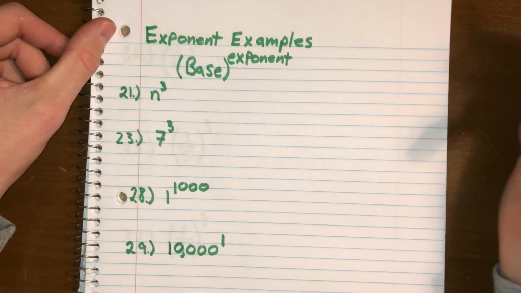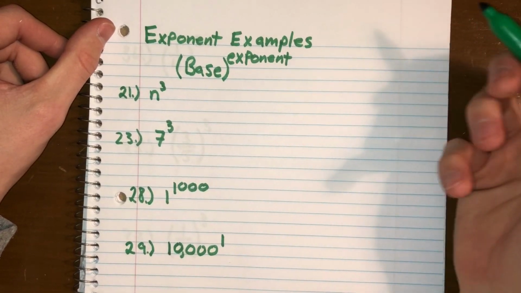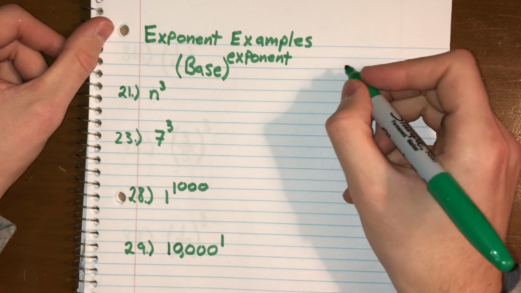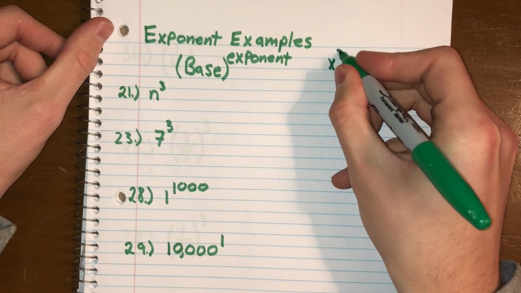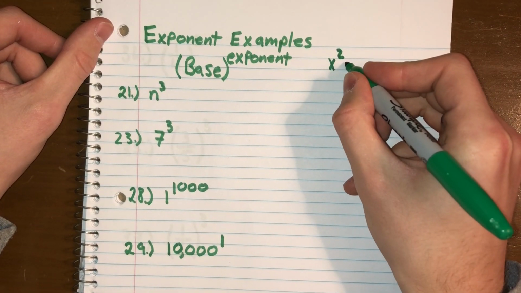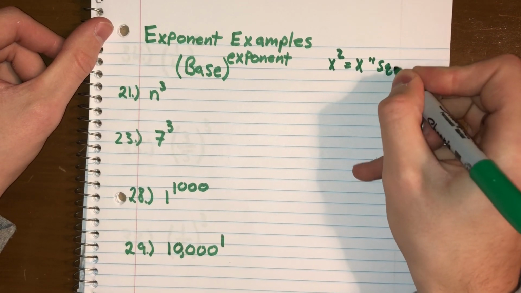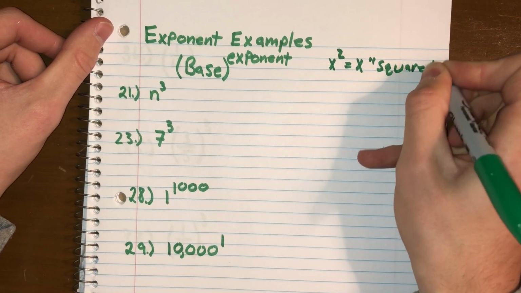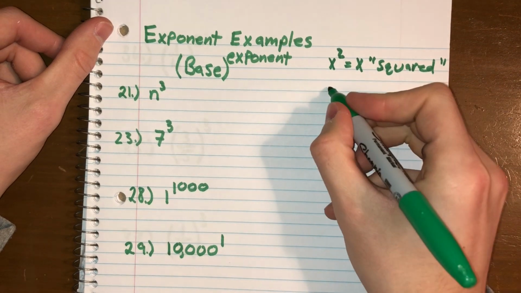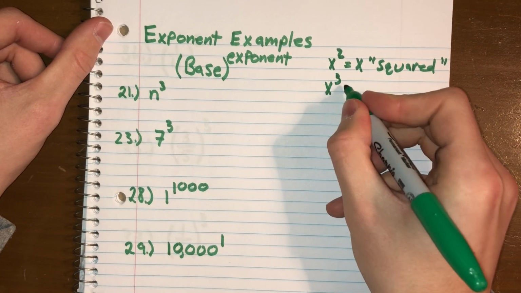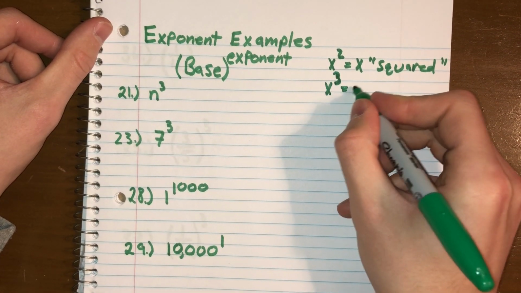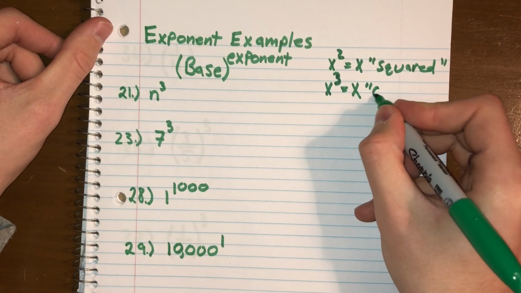And just a little more vocab for you. Let's say you have x to the power of 2, this is what's known as x squared. And x to the power of 3 is known as x cubed.